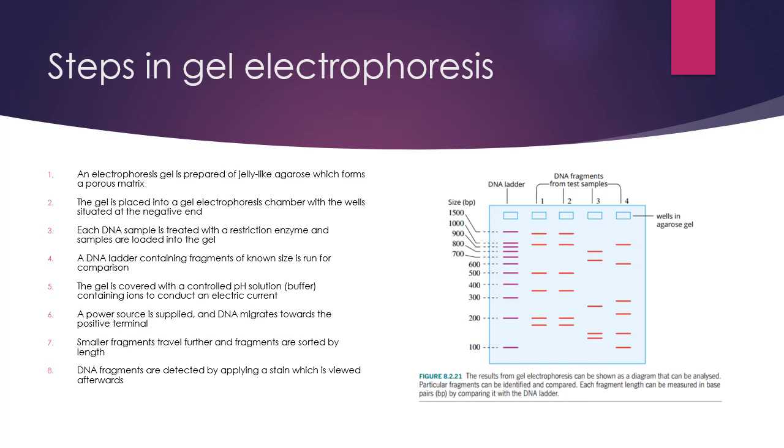So you can see here, person number 1, there's a fragment at just under 1,500 base pairs, one between 800 and 900, another one at 500, one at 350, one at 200, and one at maybe 175. So you would be able to estimate the actual fragment lengths.